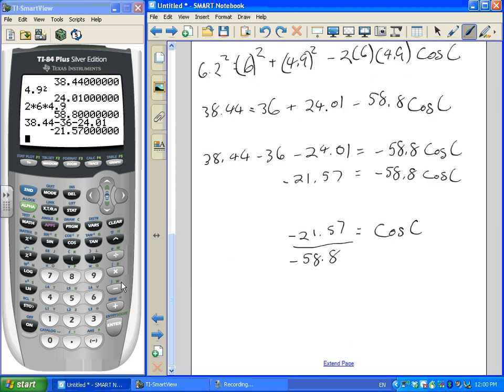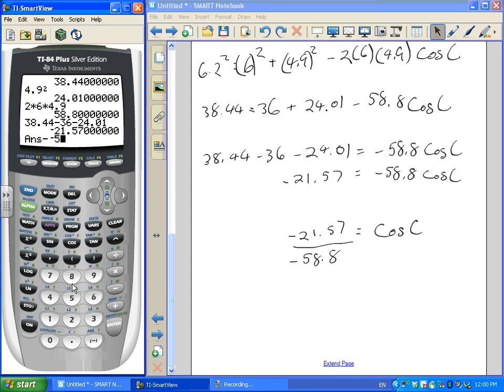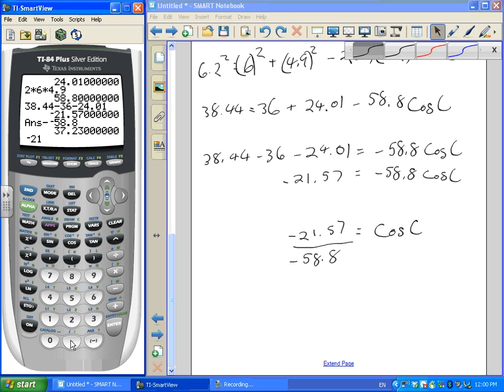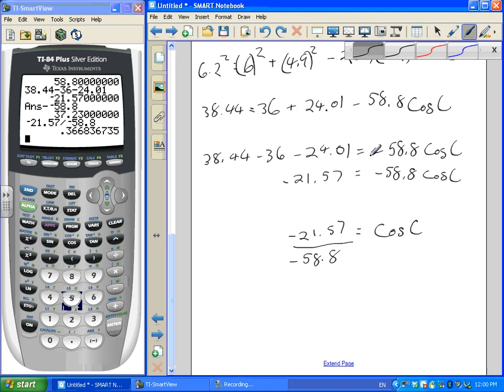So take our answer from before, divide by negative 58.8. We get positive. That's not right. Oh, that's because I typed the wrong numbers in. Negative 21.57 divided by, I wrote subtract, negative 58.8. That makes more sense. Cos C is equal to 0.366, so on and so forth.